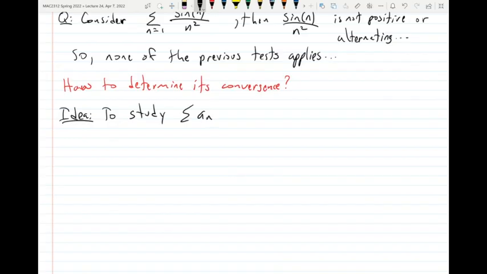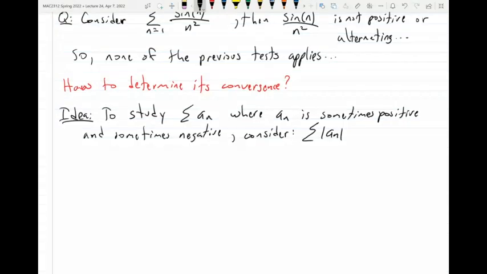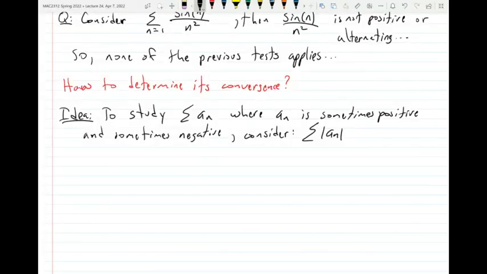To study the sum of a_n, where a_n is sometimes positive and sometimes negative, the idea is, let's get rid of this bad behavior and consider the series with absolute values. Basically I'm saying, you're behaving badly because of the sign, so I'm going to make everybody positive. Let's consider the series of absolute values instead.